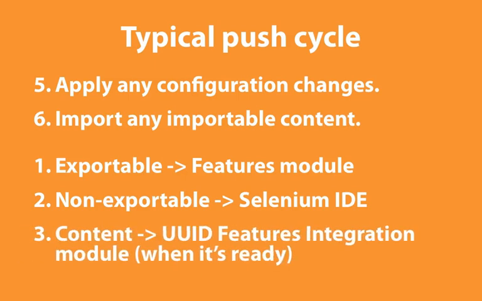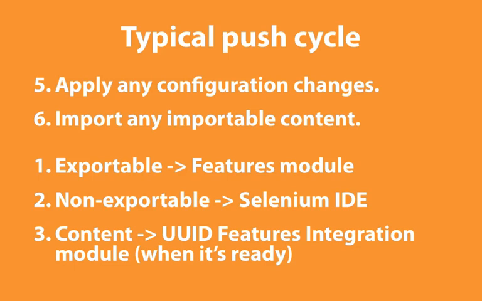And finally, when it comes to content, we're kind of going to sidestep this in this series and hopefully come back to it in a future video series when the tools needed for doing this are a little bit more mature. But in the future, what we'll end up using is a module called UUID features integration, and this employs the UUID module, which is short for Universal Unique Identifier. And what this module does is create a unique hash, a UUID, for each piece of content.